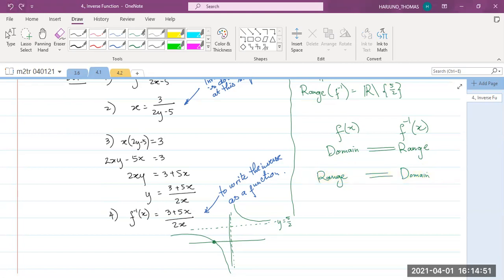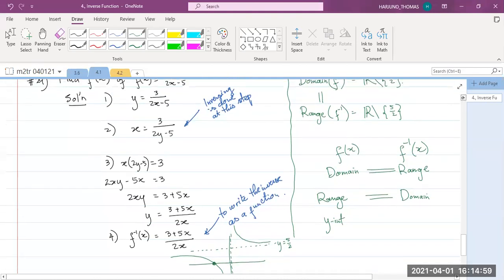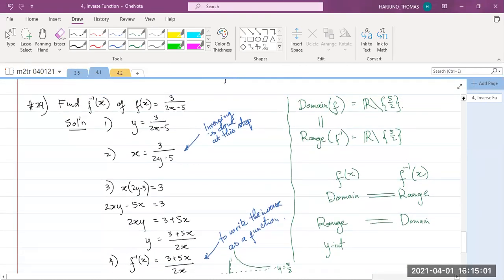Another thing is that for f(x), the y-intercept of this function is (0, -3/5), right? That is related to, not equal, of course, as a coordinate, they are not equal, but related to the x-intercept of the inverse.